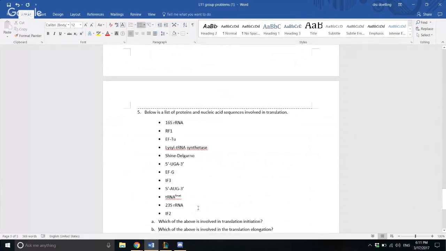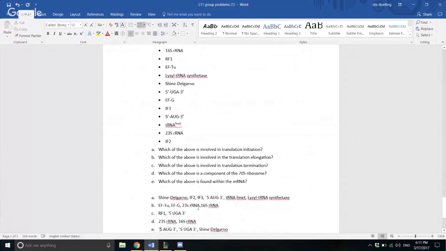All right, number 5, Drew. Which above is involved in translation initiation? Shine-Dalgarno, IF2, IF3, AUG, fMet tRNA, lysyl tRNA synthetase.